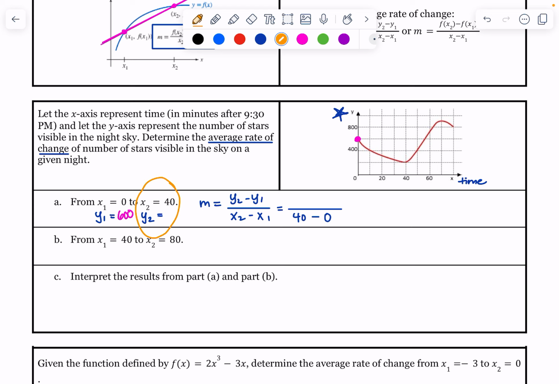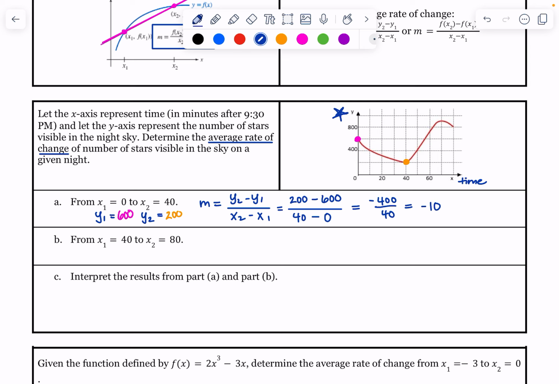When my x is 40, my y value is about 200. So I'm going to put 200 here. And now I can plug 600 and 200 into my formula, y2 minus y1, and then I can reduce. So this would give me negative 400 over 40, which would be negative 10.